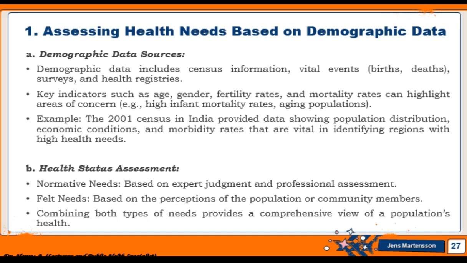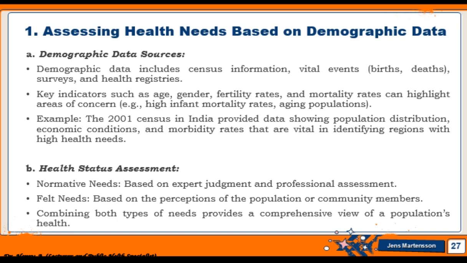Demographic data forms the core of health needs assessment. It provides insights into the composition and trends of a population that directly influence the planning and allocation of healthcare services. Now, key sources of demographic data include, number one, census information.